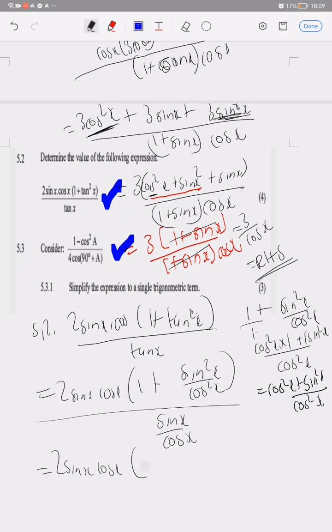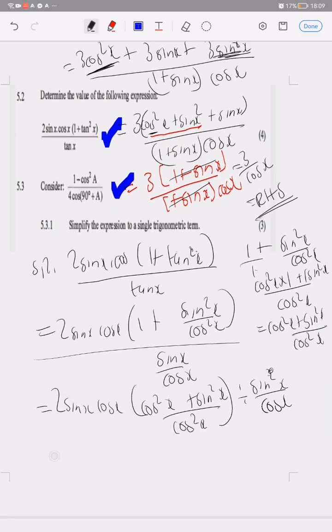So I can write it here now. I have cos squared x plus sine squared x over cos squared x, divided by sine x over cos x. So what do I do from there?